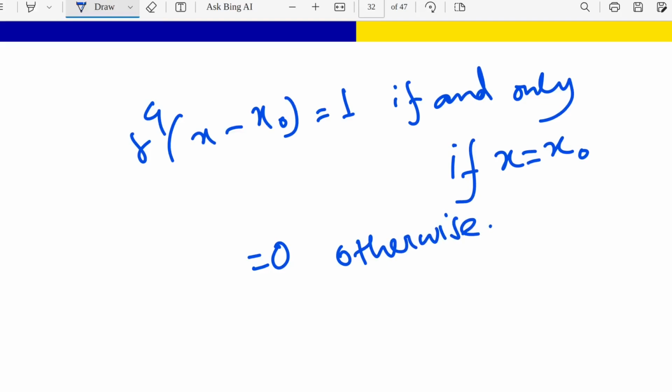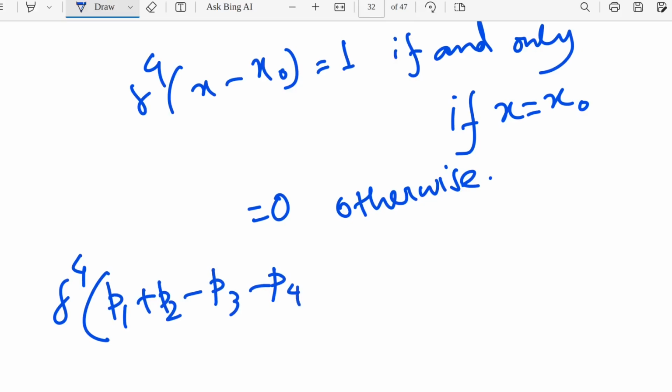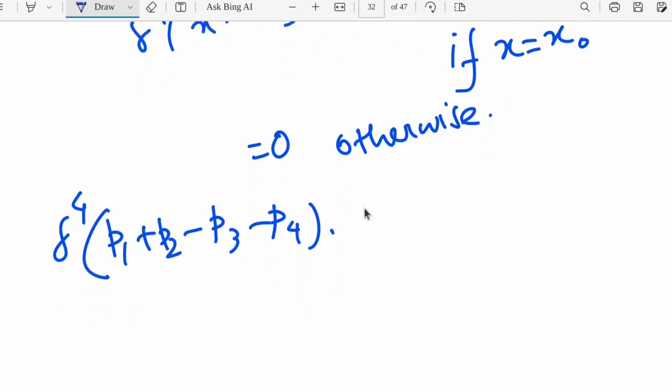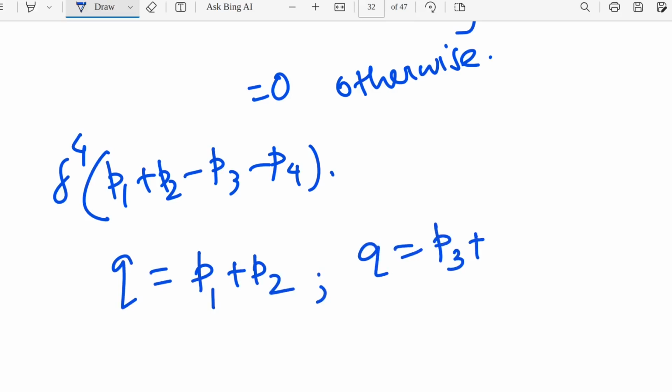So we can write delta 4 of P1 plus P2 minus P3 minus P4, and similarly from energy and momentum conservation, Q equals P1 plus P2, and Q also equals P3 plus P4.